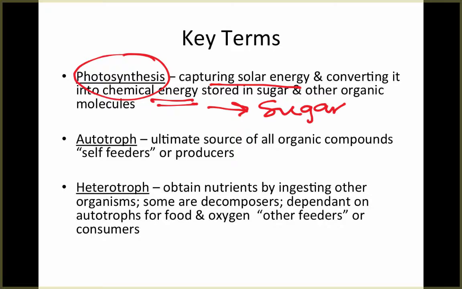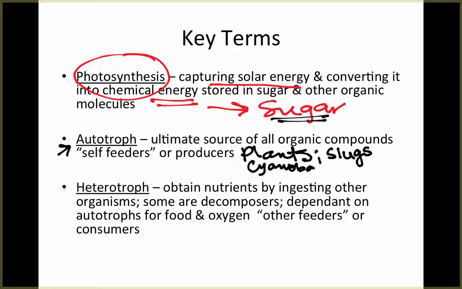So the particular things that make these sugar molecules themselves are called self-feeders, or autotrophs. So these are things like plants. You can get certain sea slugs that have the capability of doing photosynthesis, or even things like cyanobacteria, which can be self-feeders.